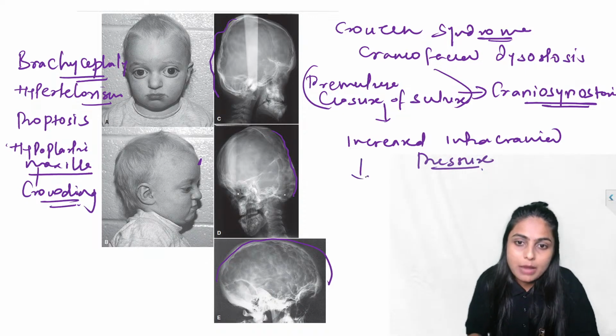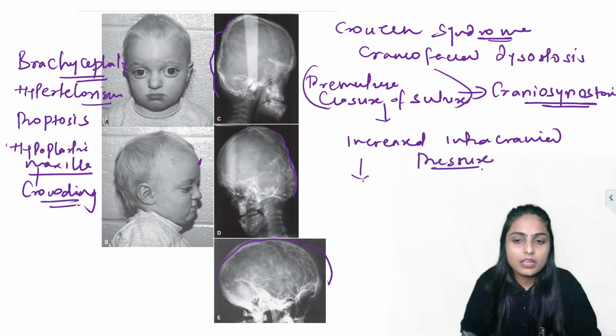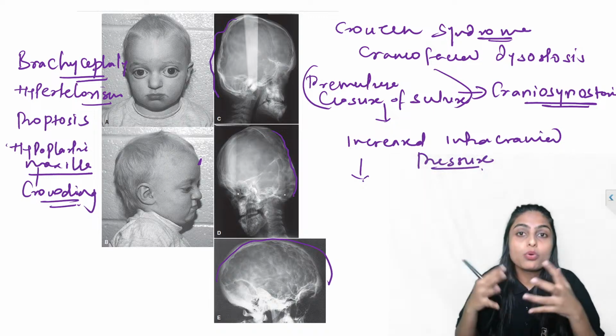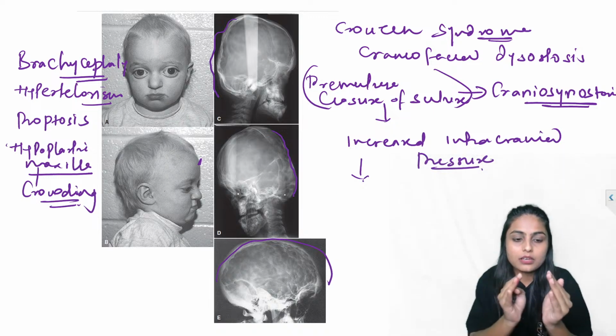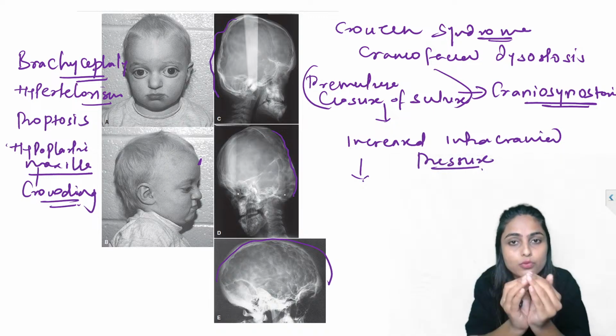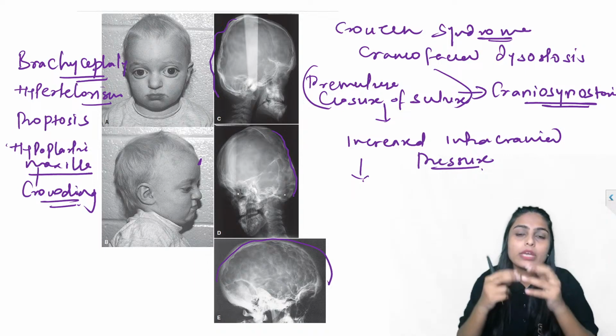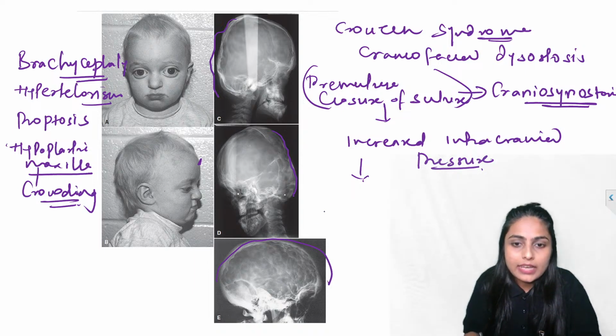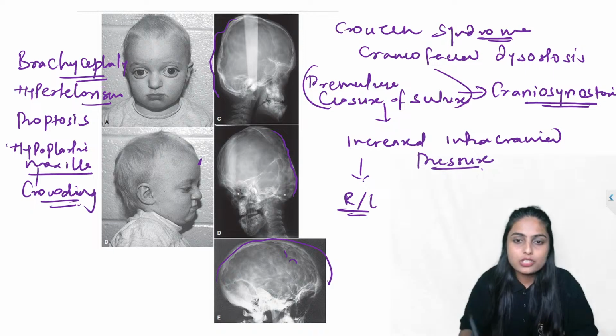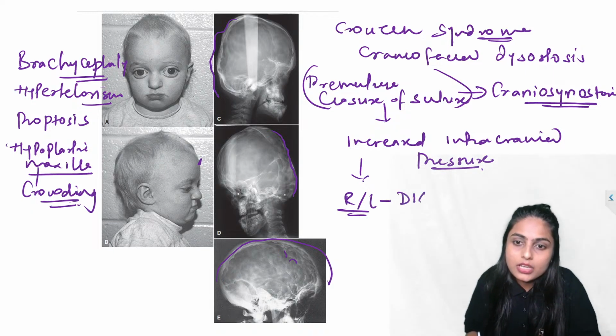Why this appearance happens is due to increased intracranial pressure, due to the growing brain. There is a premature closure of suture, but the underlying brain is growing, so there are markings, these radiolucencies, which you can see. These are radiolucent depressions. These are called digital impressions.